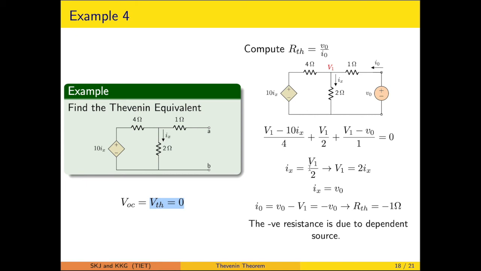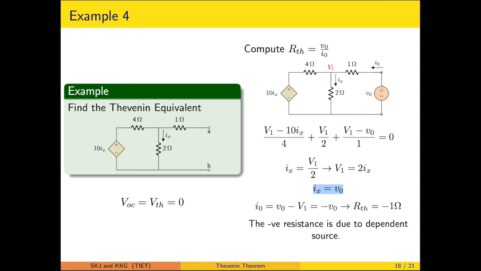Now Ix is, as mentioned, V1 by 2. So V1 is basically 2Ix. We will make this substitution here, and we will be able to calculate Ix is equal to V0. Now from this you will find the value of I0.